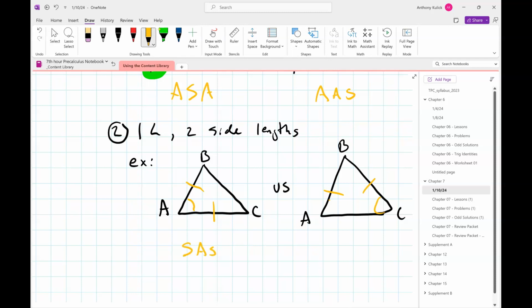Side, angle, side. Again, because if we look at this, we have our angle in between the 2 sides, right? What would this second situation be? Side, side, angle. Again, because the angle is outside of the 2 sides.